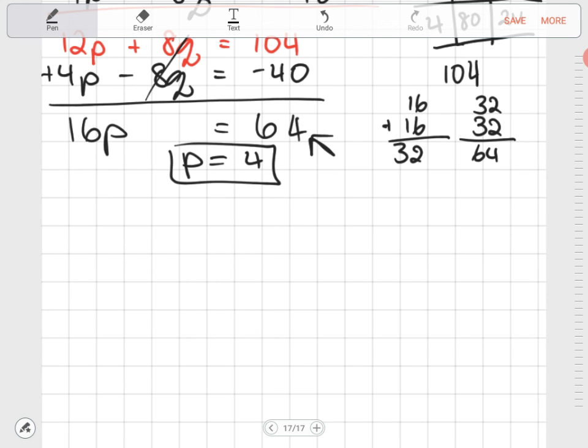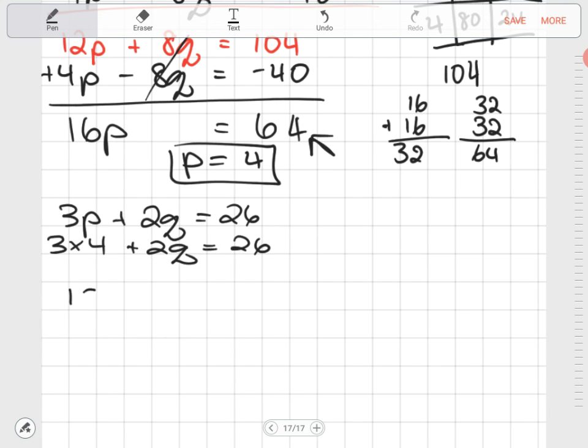So 12 plus 2q is 26. 2q is equal to 14. So q must be 7. So therefore, the solution is 4, 7.